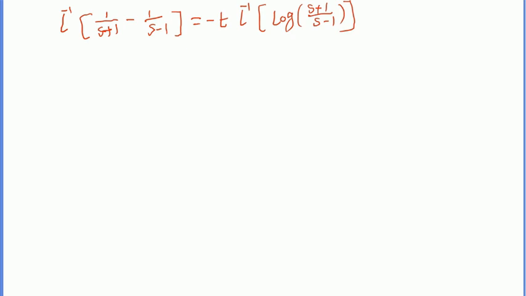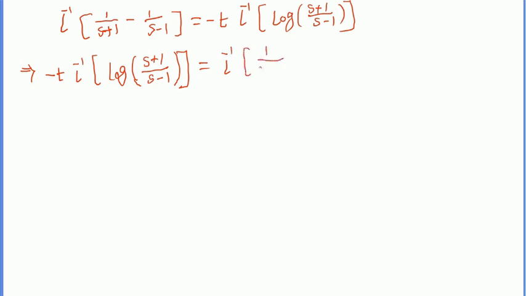So we write minus t into L inverse of log of (s plus 1) by (s minus 1) is equal to L inverse of 1 by (s plus 1) minus L inverse of 1 by (s minus 1). Here I have applied the inverse Laplace transform to the individual functions.